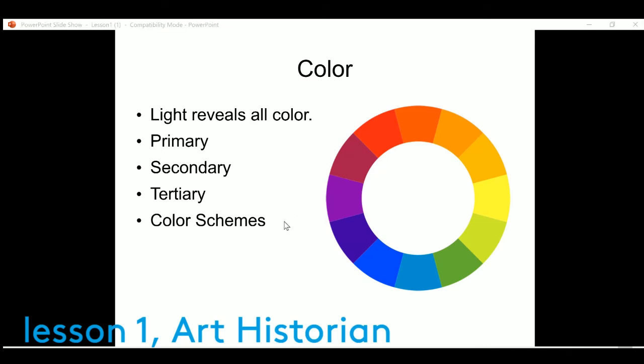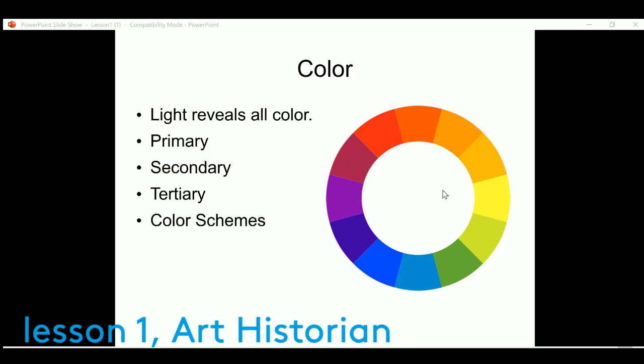So and then colors. Okay, light reveals all color. I don't know whether you have already taken your color study class or not, but never mind, I'll just recap to you. Primary colors means 3 colors. Secondary colors means the one in between these 3 colors.